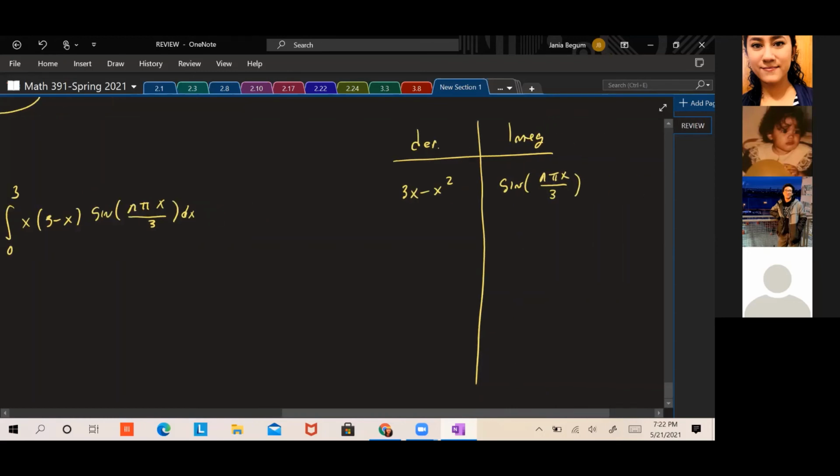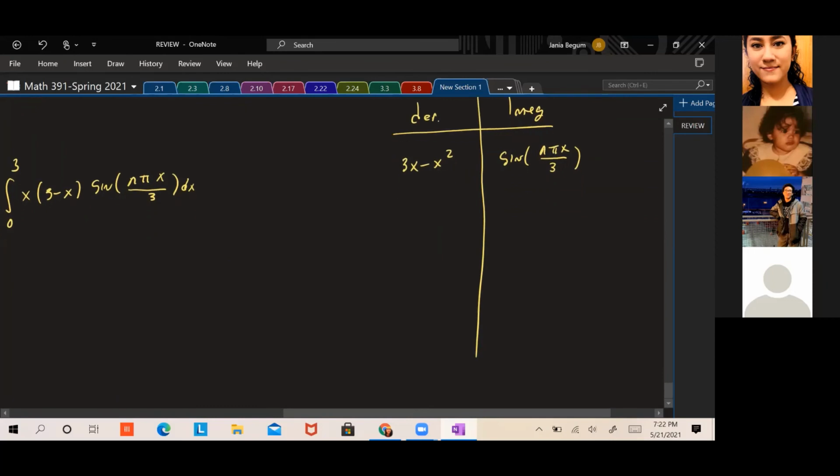Okay, we've got some work to do, so help me out. I'll do the differentiation, you do the integration. So you have 3 minus 2x, and if I differentiate again, I get negative 2, and the last column will be 0. Great. Now, Josh, help me out with integration. The first one should be negative 3 times cosine(n pi x over 3), all over n pi.